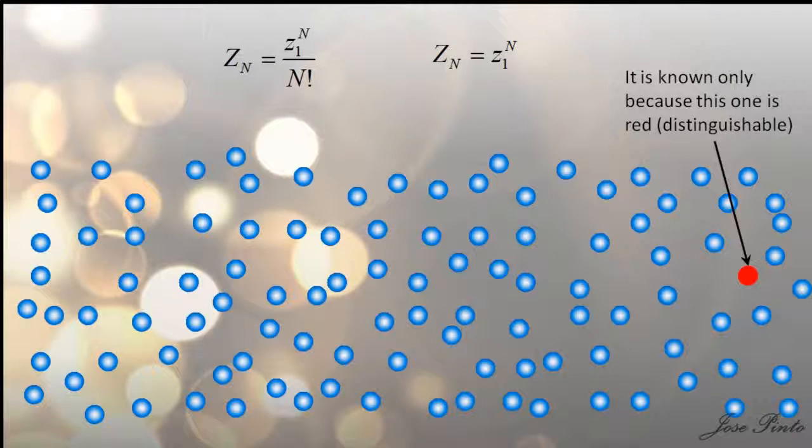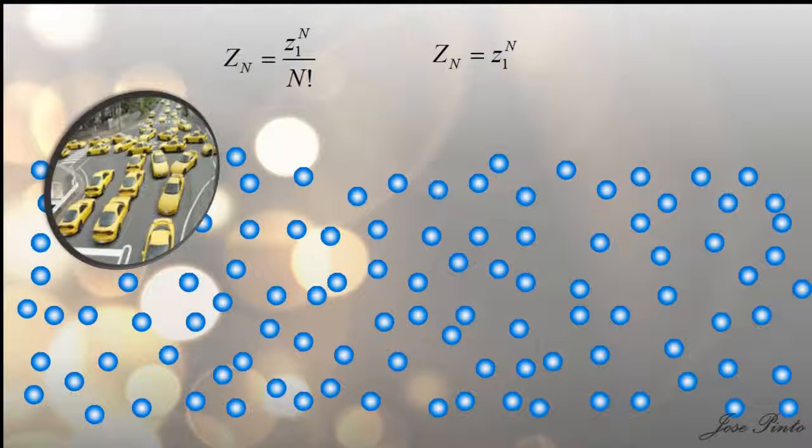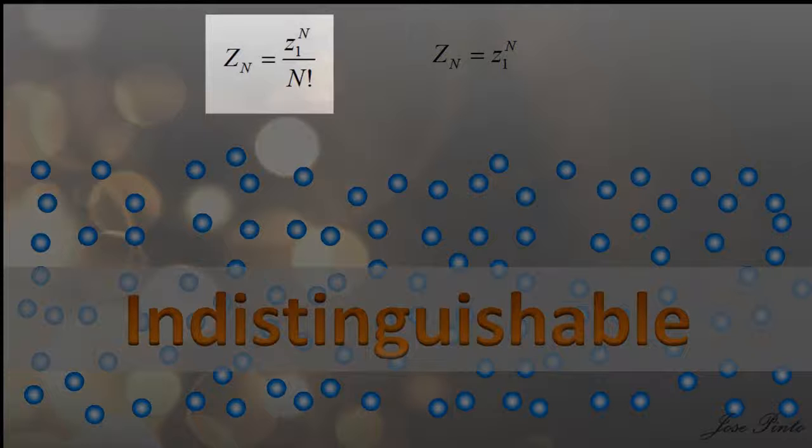And by the way, the only reason you can tell the difference is because this one I painted in color red. But can you tell me, let's say, about this one? Or that one? What about this one right here? And that one? Just like the cars in the city, you cannot tell the difference. This system is indistinguishable. With systems like this one, we use this kind of partition function.